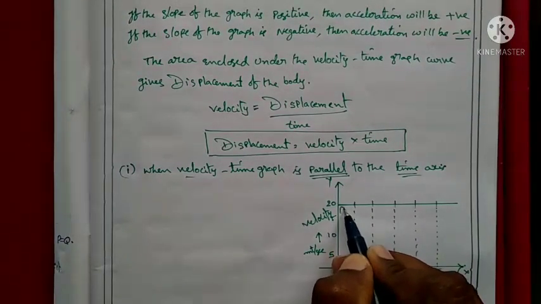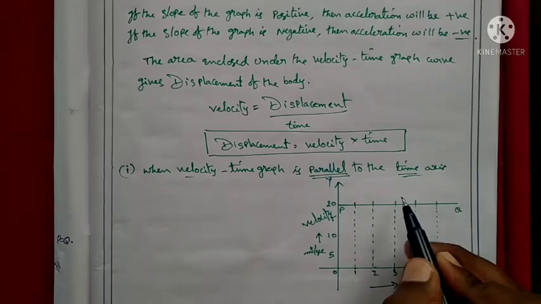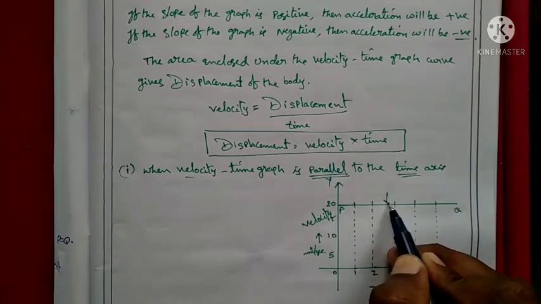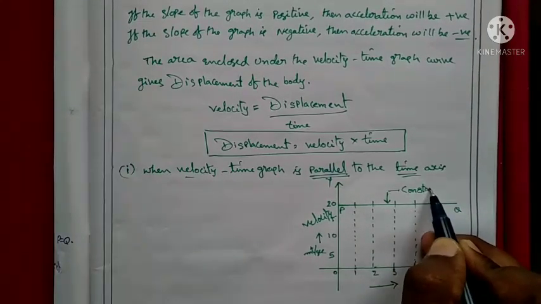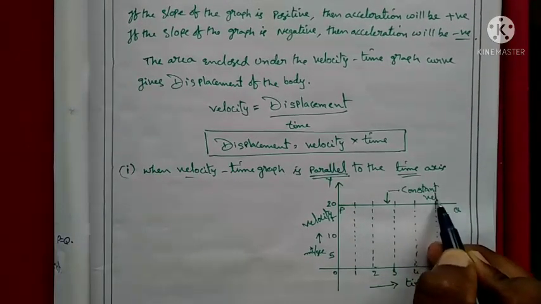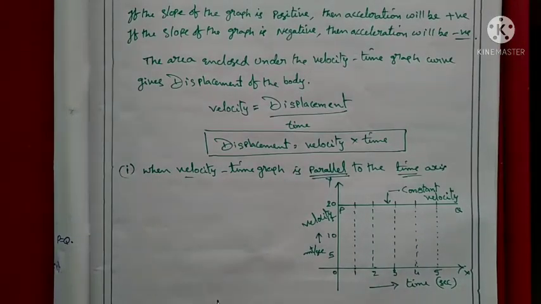From point P to point Q, the body is traveling with a constant velocity. You know constant velocity. Now, it represents the body moving from P to Q.